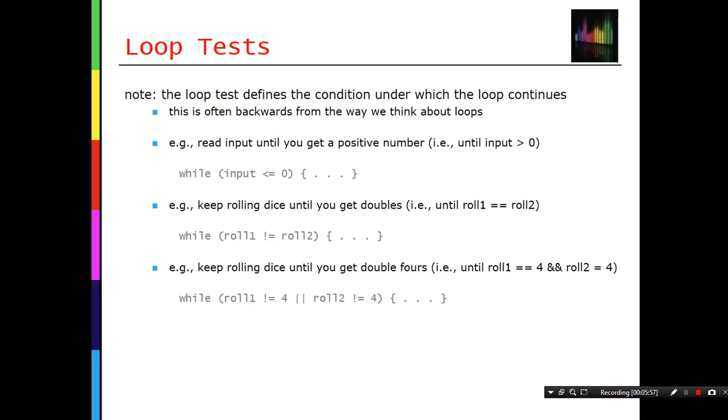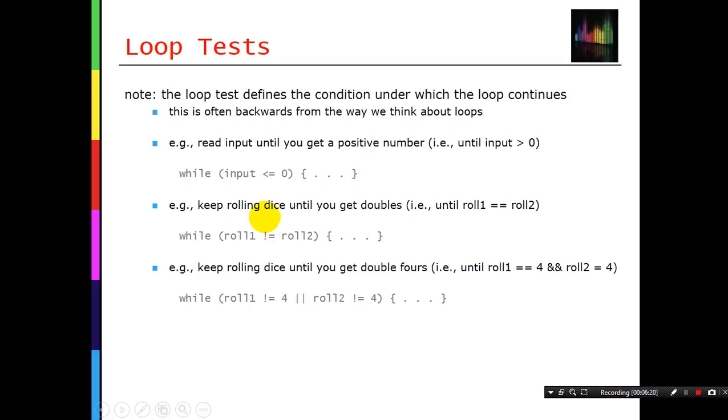So let's say we want to read input until we get a positive number. So we want to basically keep reading it until we have positive. So while it is not positive, we continue reading. So we say while input less than or equal to 0, continue.